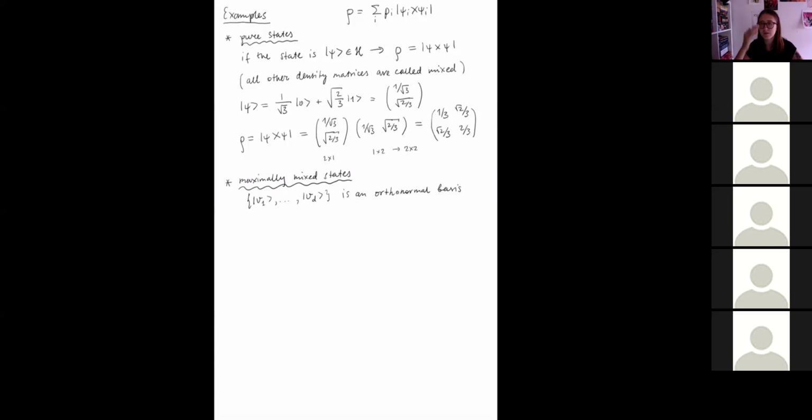Then the scenario is that we can prepare each of the states in this orthonormal basis with equal probability 1 over d. So each state occurs with probability 1 over d.